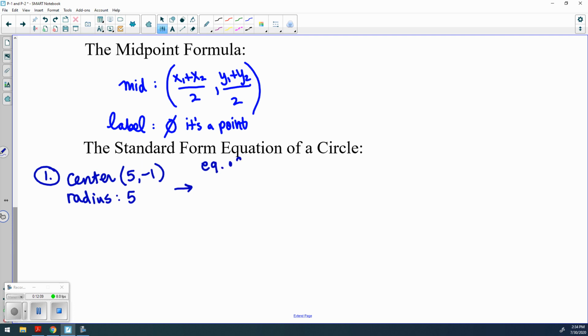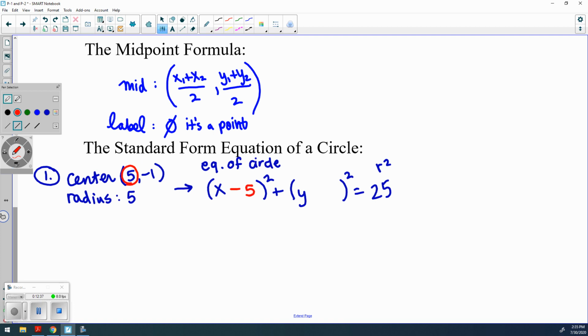The equation of the circle will look like this: (x something) squared plus (y something) squared is equal to r squared. Well, r is equal to 5, so I'm going to put a 25 there because 5 squared is 25.